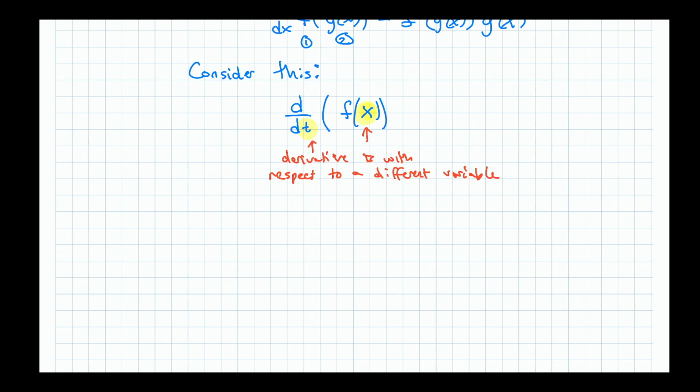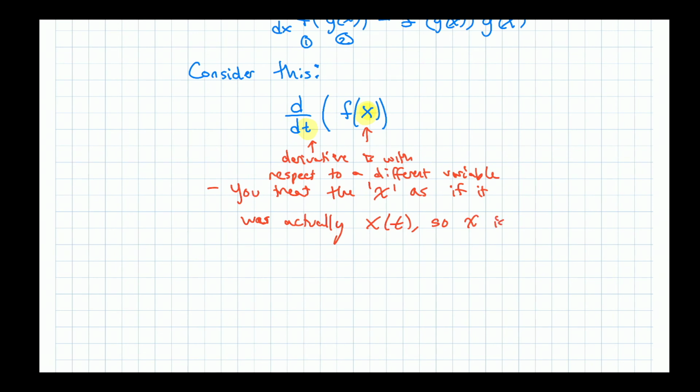Right? So what you have to do, and this is the key here, is you treat the x that you see in there as if it was actually x of t, right? Like if x was a function.